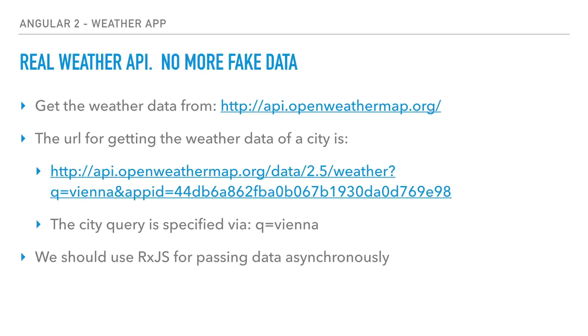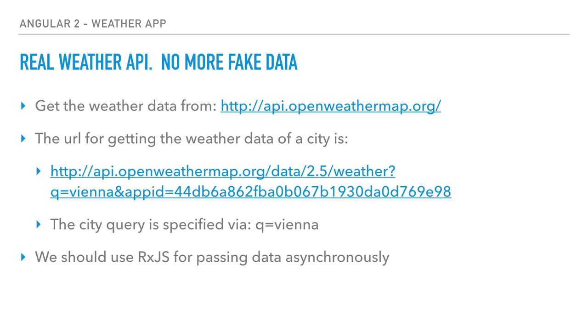This will mean a lot of changes in the application because first we will have to work with the Angular 2 HTTP library. There is a dedicated video of how to bootstrap this. We will recap all the concepts here, but this is one of the first tasks that we have to do.